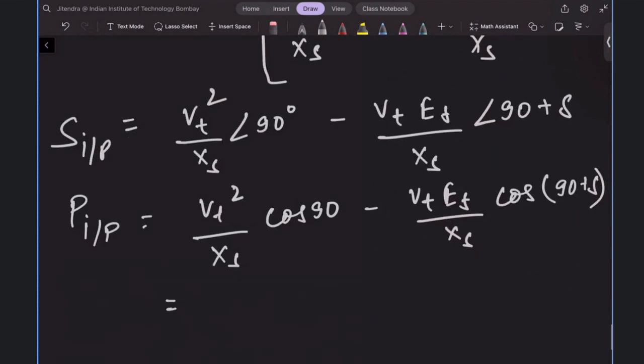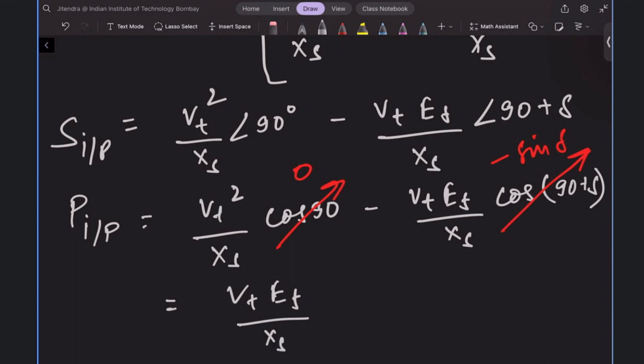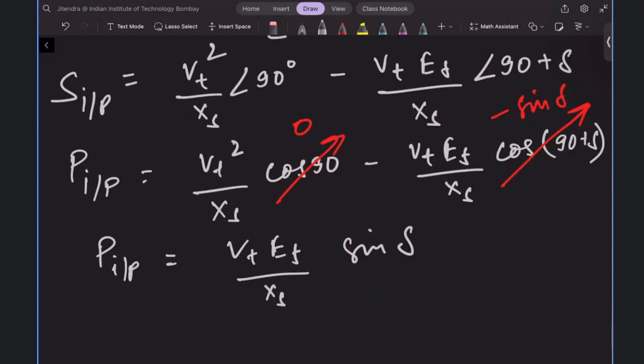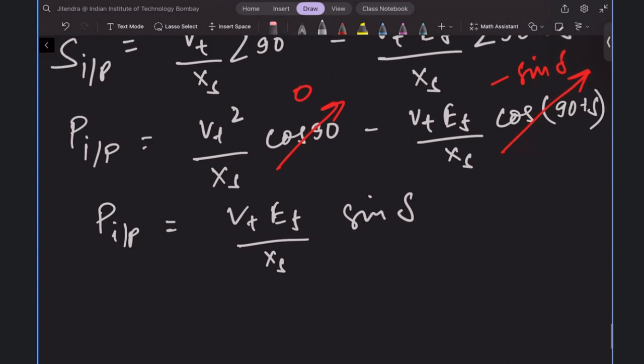So this is 0 and this will be minus sine delta. So we will end up with VT EF by XS sine delta, which is a very famous expression, right? When only an inductor is there, it doesn't matter whether it is a generator or motor, you can straight away write input power is equal to VT EF by XS sine delta.